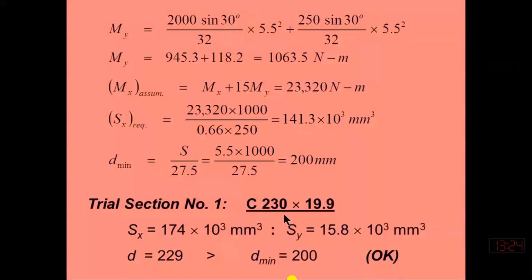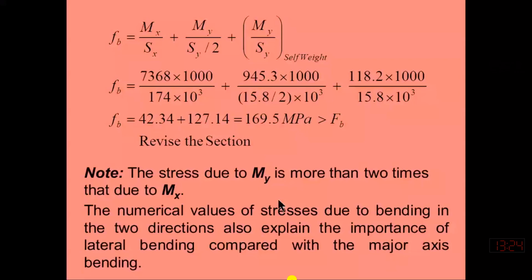So we will check the applied stresses in this section. The formula will be Mx over Sx. We know the total bending moment about the x-axis. If we divide by the section modulus about the x-axis, we will have the bending stress due to moment Mx. Here we need to write My, the moment about the y-axis due to applied dead load and live load excluding self-weight.